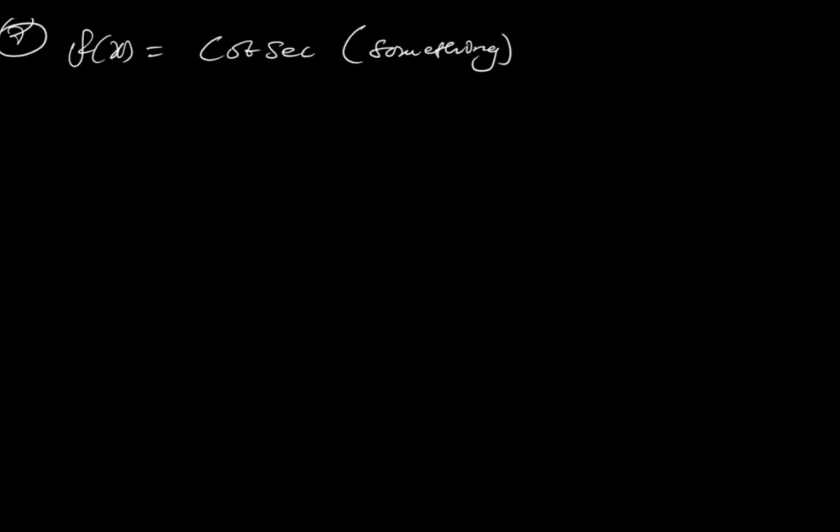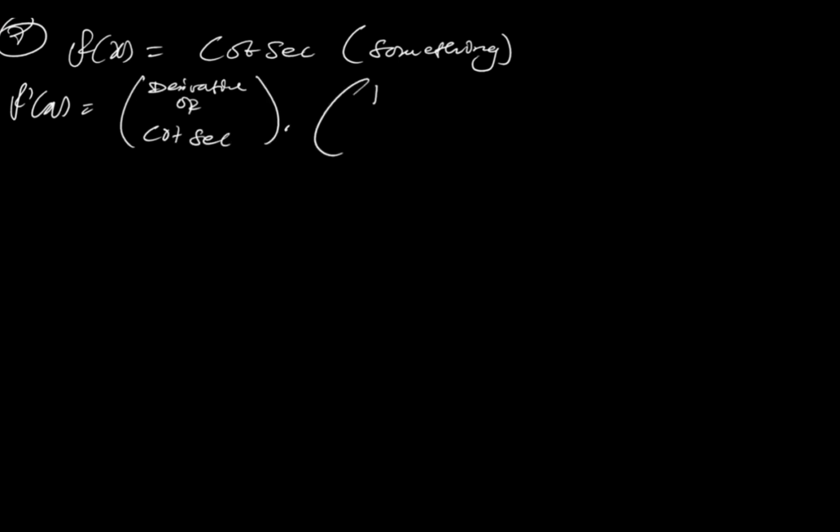The last one is, say you have a function f of x equal to cosec of something. For this one, what you have to do is basically the same procedure. f prime of x will be equivalent to the derivative of cosec times the derivative of something.